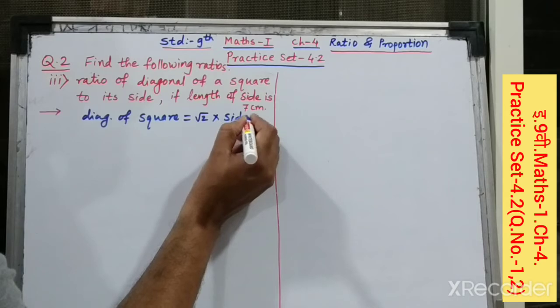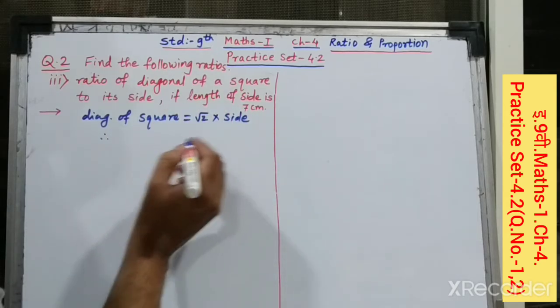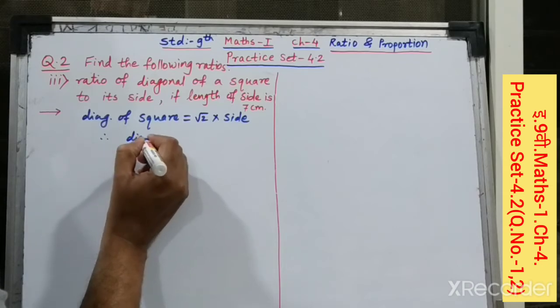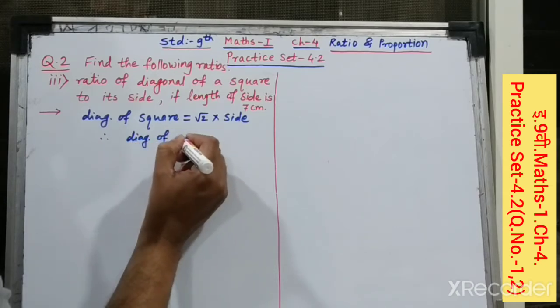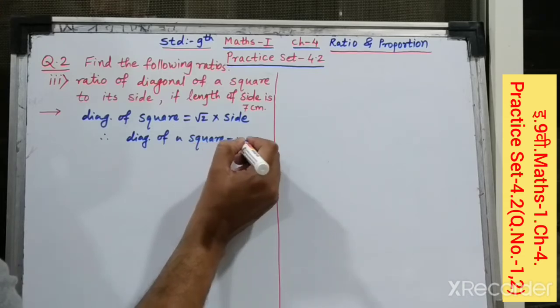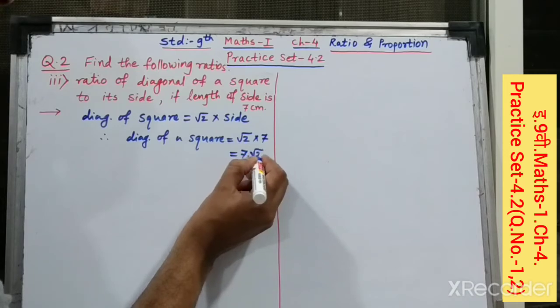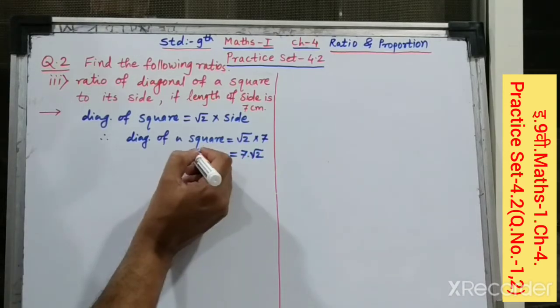This is the formula. Now here the side of the square is 7, so diagonal of a square is equal to root 2 into 7, that is 7 into root 2. So this is the diagonal of a square.